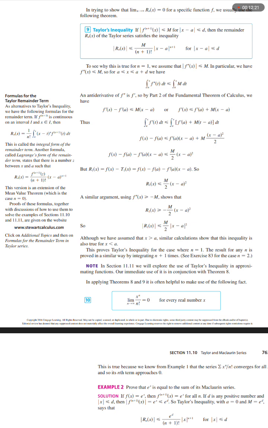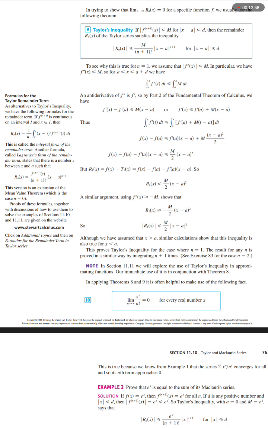f of x minus f of a minus the first derivative of f of a times (x minus a) is less than or equal to big M over 2 times (x minus a) squared. But big R sub 1 of x equals f of x minus big T sub 1 of x, which equals f of x minus f of a minus the first derivative of f of a times (x minus a).